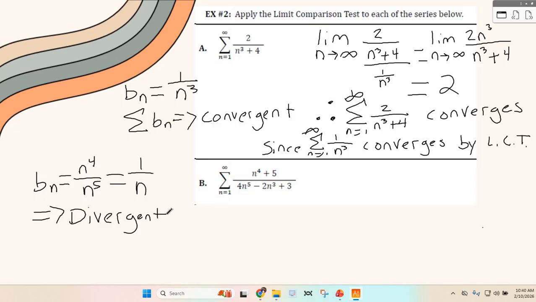Because if I end up with something that still goes to infinity, that means that that n cubed did affect it enough that I can't use my limit comparison, right? If I get something that's just a number by dividing out those first terms, that means that the rest of that stuff does not affect it enough to change the behavior of the entire thing. Does that make sense?